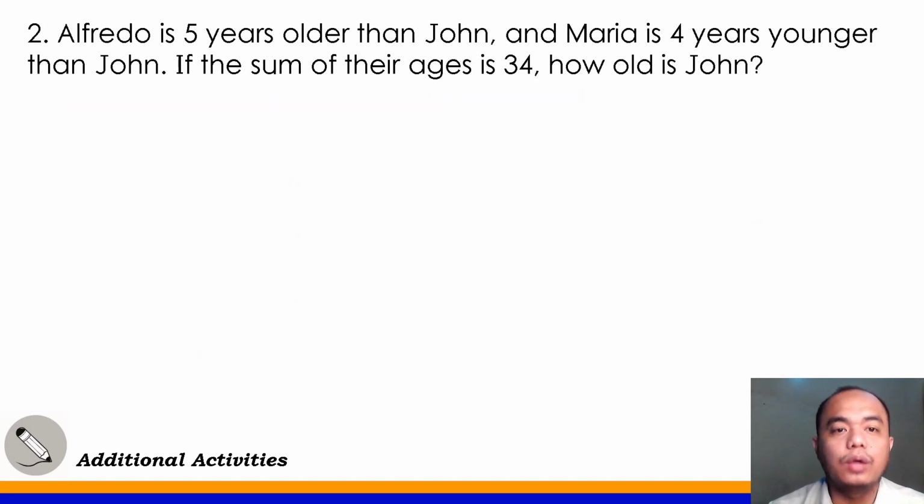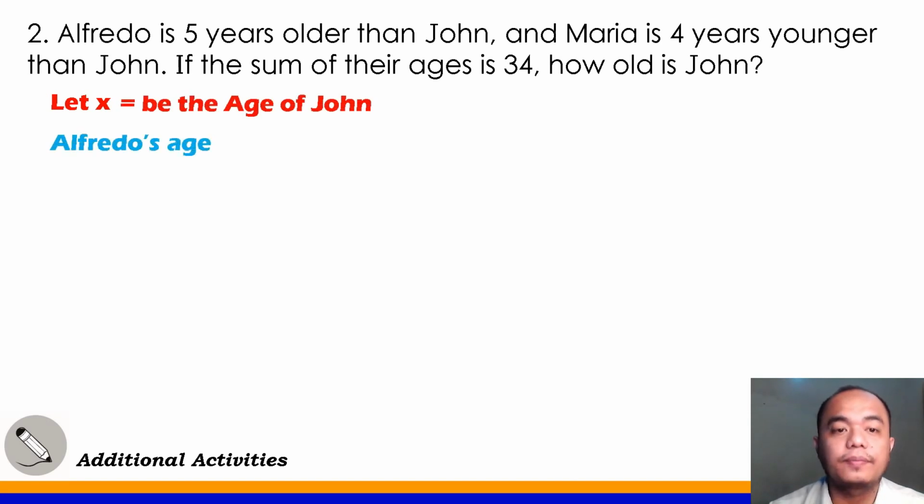Next, number 2. Alfredo is 5 years older than John, and Maria is 4 years younger than John. If the sum of their ages is 34, how old is John? So, ang tinatanong dito sa problem na to is ang edad ni John. Now, so let X be the age of John.